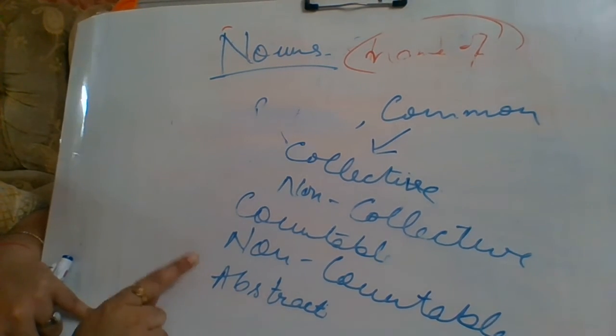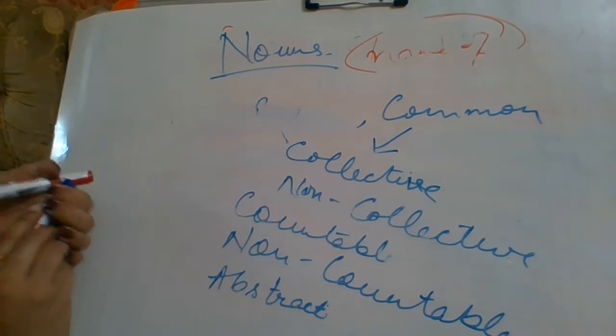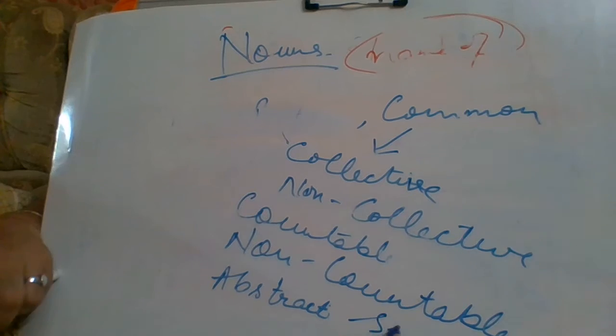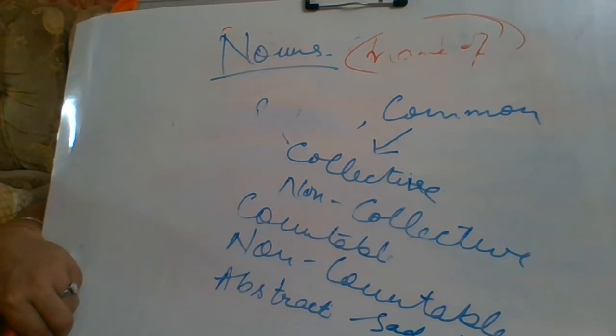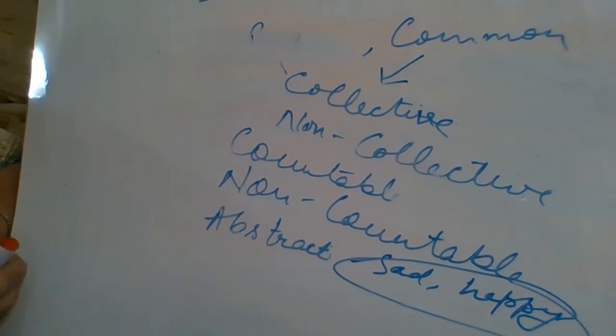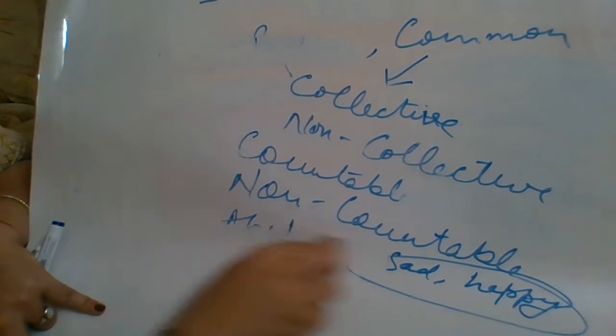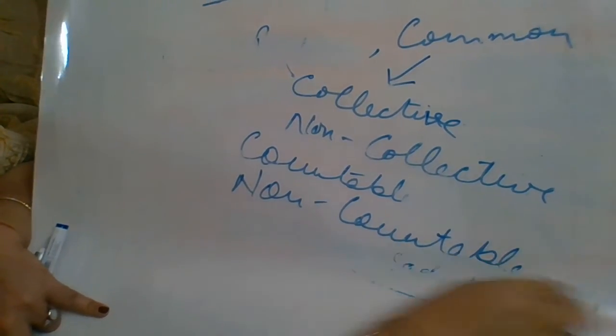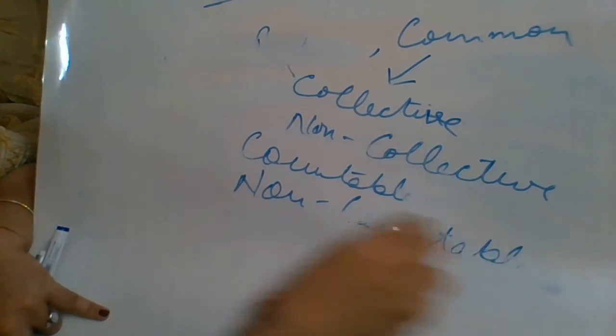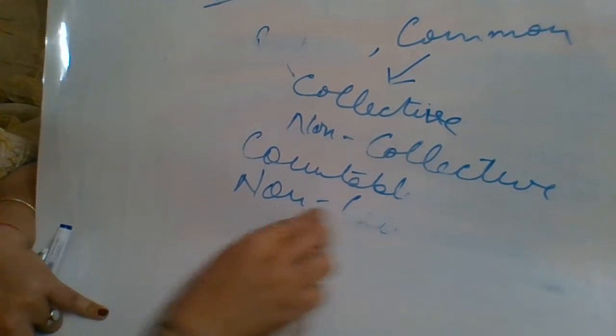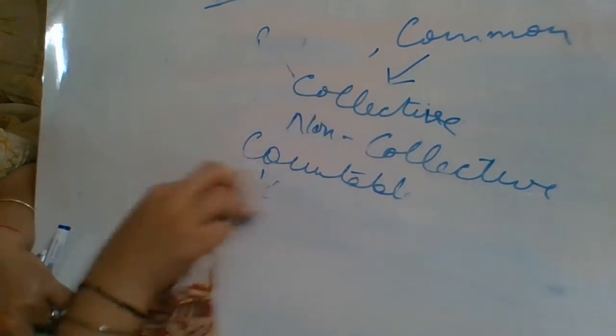Abstract nouns are names given to feelings, like sad, happy, surprised. Okay, so this is all about nouns.